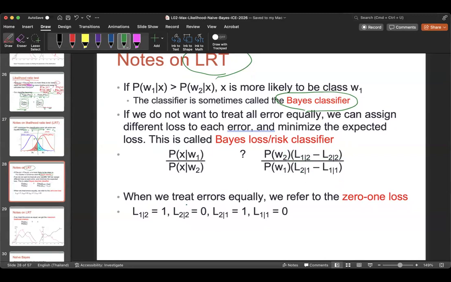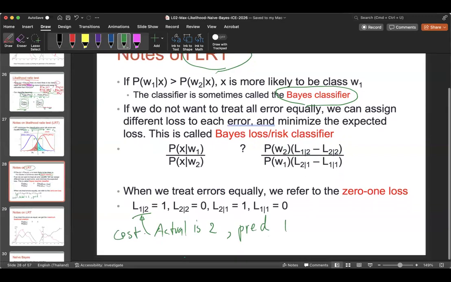What is this? L1 given 2 means that the actual class is 2, but we predict 1. The cost of predicting 1 when the actual class is 2.